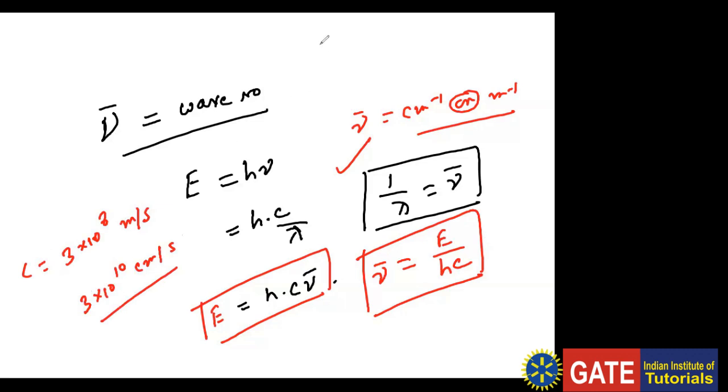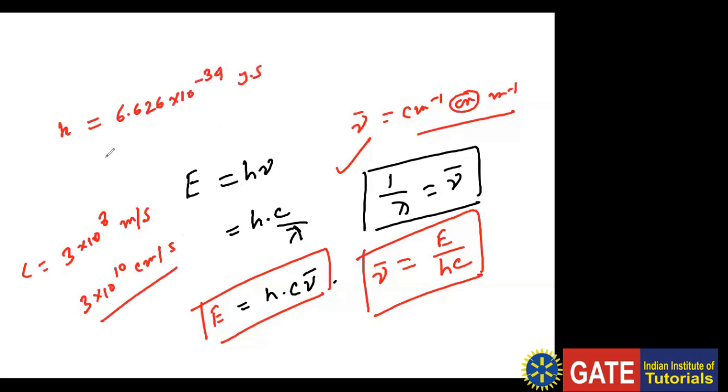What is the h value? There are two h values possible. I'll tell you. 6.626 into 10 to the minus 34 joule second, and 6.626 into 10 to the minus 27 erg second. Remember, very, very important.